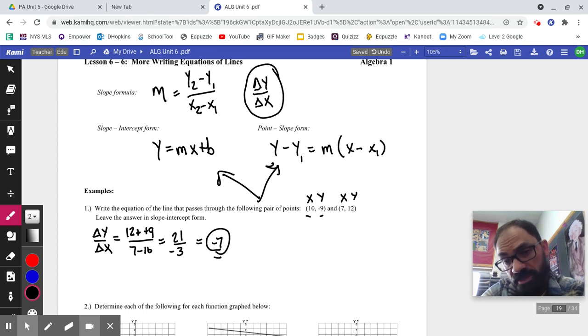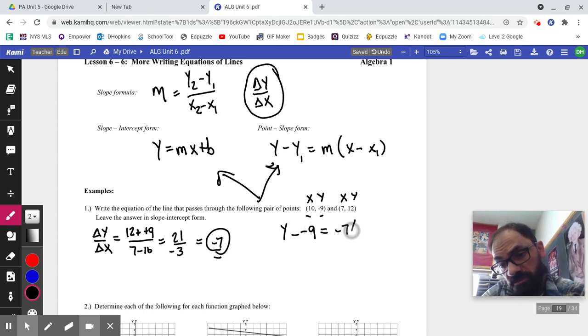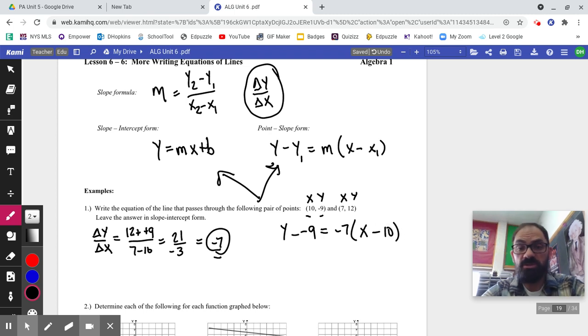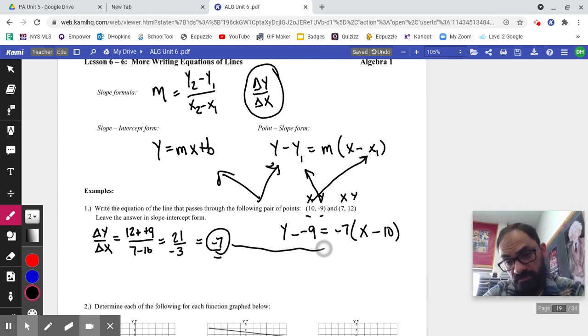But we have y minus y1 equals m, my slope, negative 7, times x minus my x. So what I did was I plugged negative 9 in there and 10 in there, and obviously the slope in there. So we have that one equation we're just substituting in.